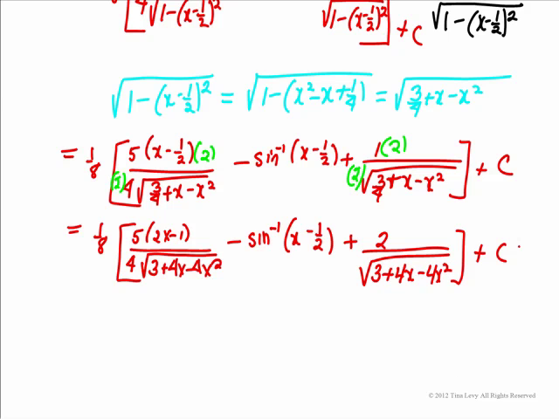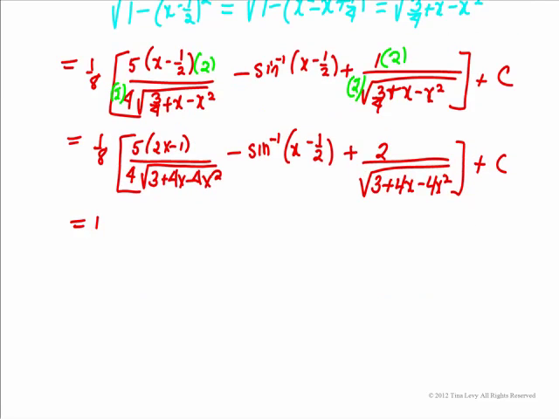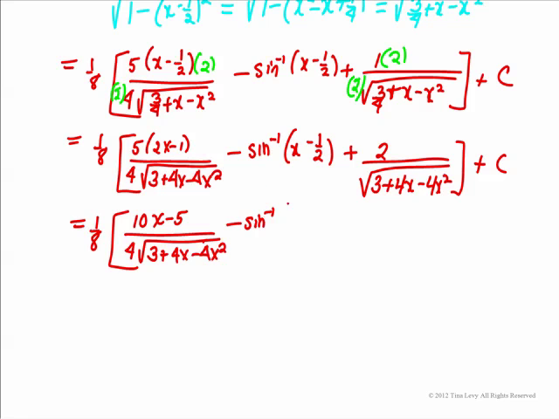So working this, we have 1/8. 5 gets distributed through, and it's 10x minus 5 over 4 of these radicals. We have negative inverse sine x minus a half.